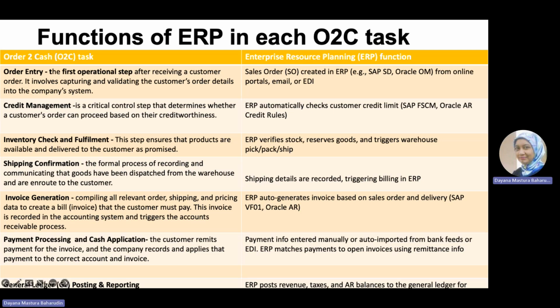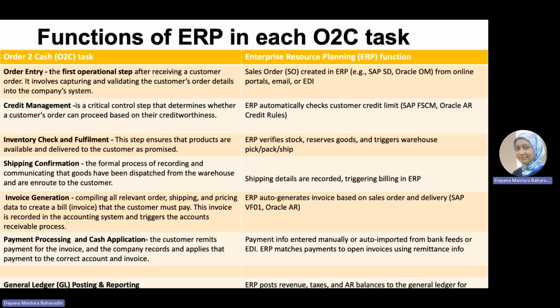Okay. And the next one will be inventory check and fulfillment. This step ensures that products are available and delivered to the customer as promised. So ERP verifies the stock, reserves goods, and triggers warehouse packing, shipment, and all that. Next is shipping confirmation, the formal process of recording and communicating that goods have been dispatched from the warehouse and are en route to the customer, and ERP will record all the shipping details.